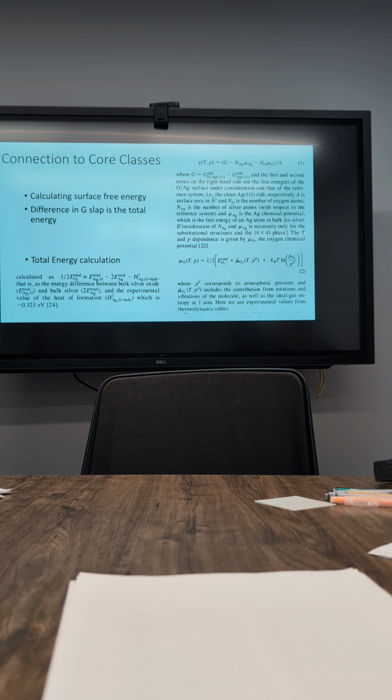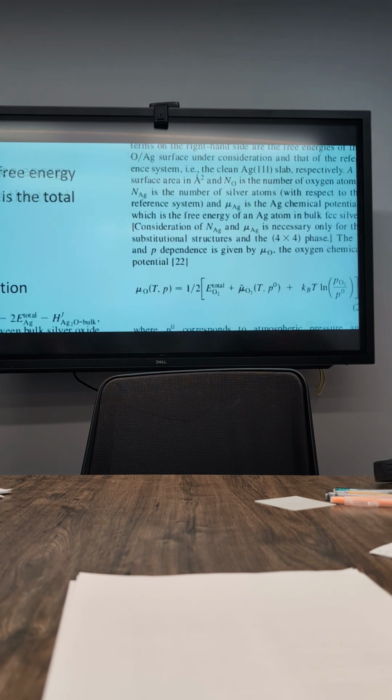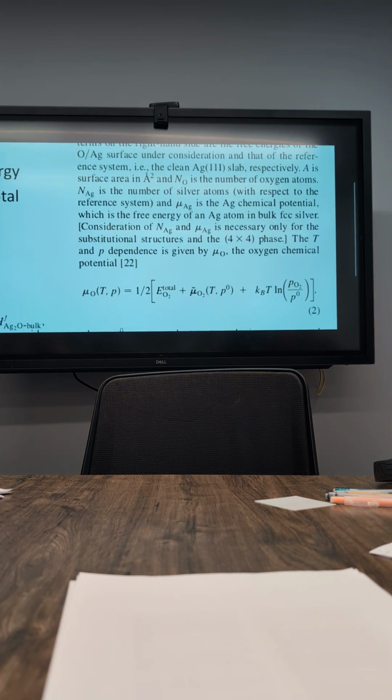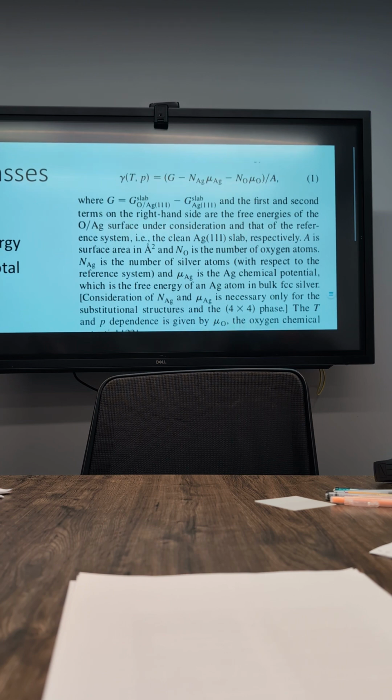And then from this paper, they calculate the surface energy, and they start over here. They do a little derivation, not really, which is why I think they could ask this. So they give an equation for surface energy. Again, we see that surface Gibbs free energy.